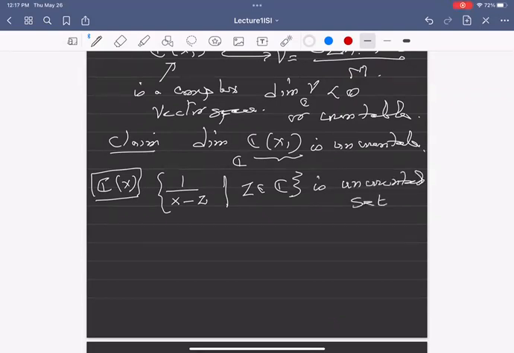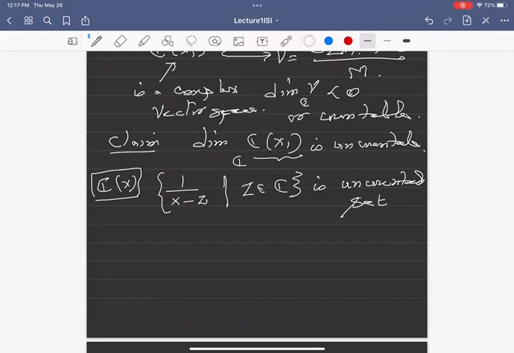Can you tell me why it is an uncountable set? Because C is uncountable. Yeah, R is uncountable, right? Real numbers are uncountable. C is also uncountable. Okay.